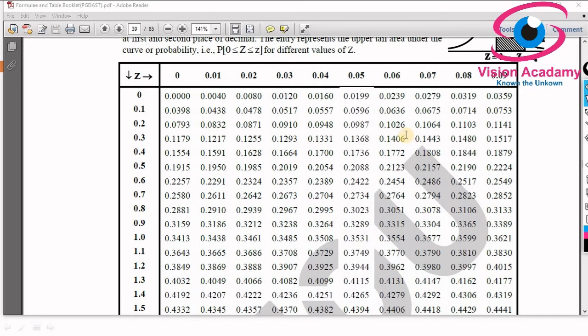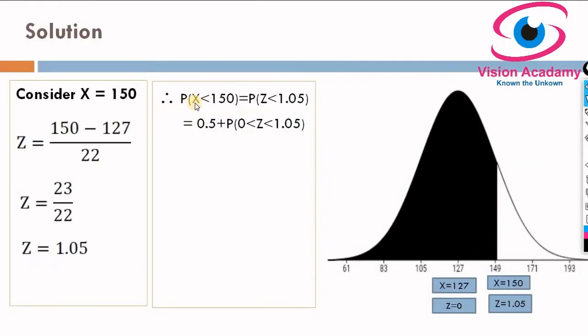Then let us come to a conclusion. We know that the probability of x less than 150, where 150 is replaced by the Z value that we found here using the formula. And here I have added 0.5 because my interested area spreads over two regions, which means positive infinity and negative infinity.